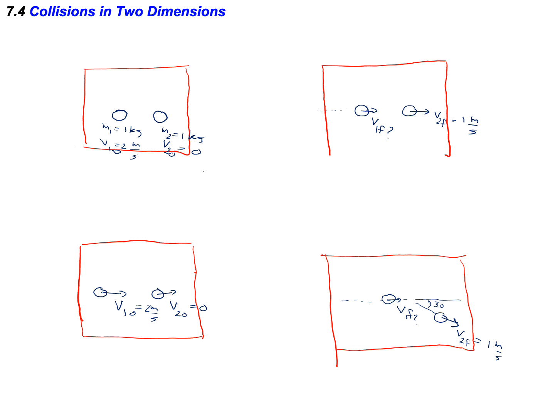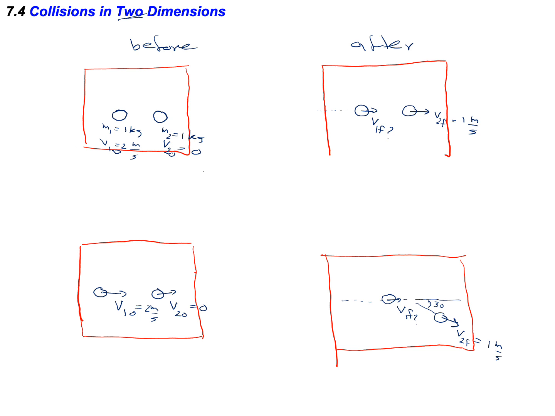Okay, I'm going to show you 2 examples. Before you go to 2-dimensional collisions, let's consider a linear collision. This is before, and this is after the collision. There are 2 cases. Before the collision, the masses are the same because they are similar balls, 1 kilogram each.